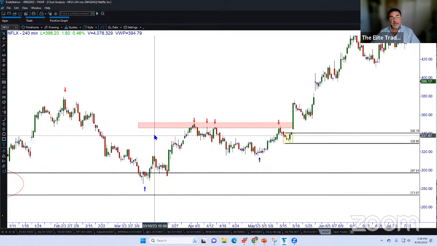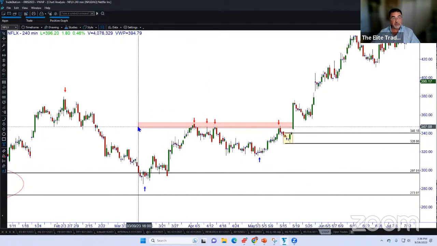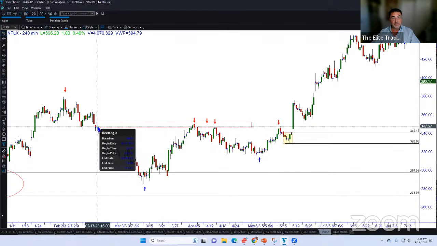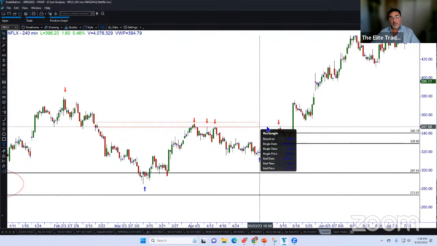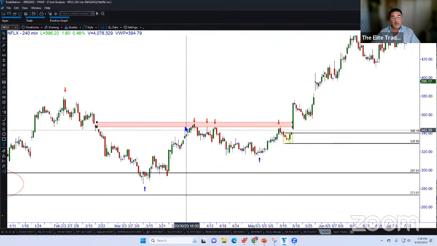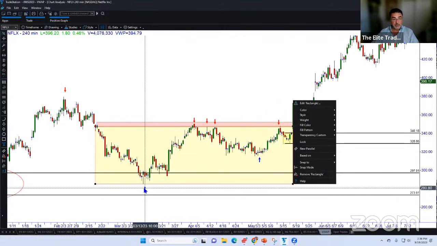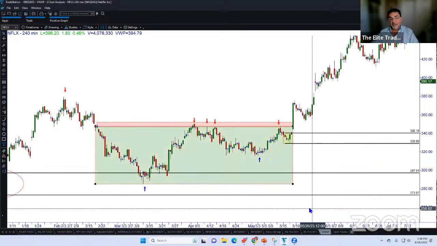So as we discovered that resistance area, I'll go ahead and extend this across, okay? We have where all the sellers pushed out. Now that makes the area below a buy territory. I mean, the only reason price goes up is there are more buy tickets than sell tickets, okay?